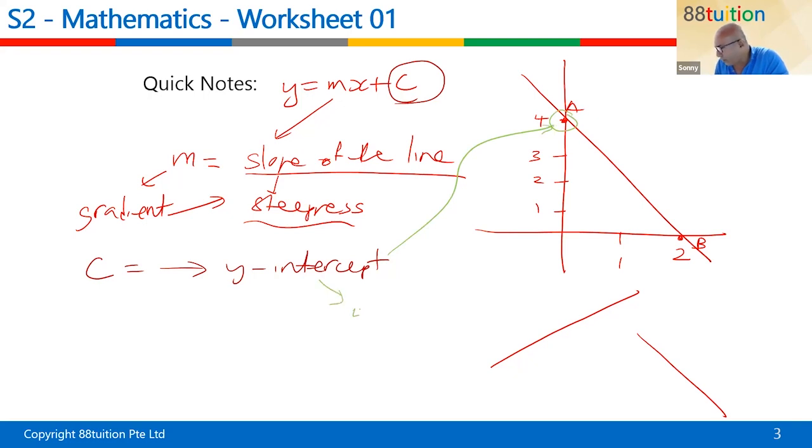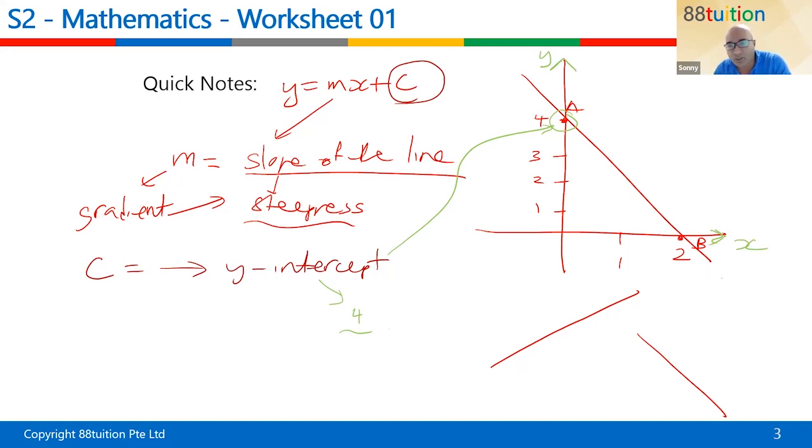The y-intercept is 4. All right? So what is y-intercept? It simply refers to where the line cuts the y-axis. So this is your y-axis, remember, and this is your x-axis, all right? So you need to know that.